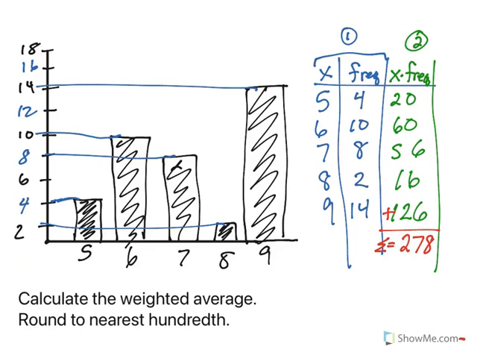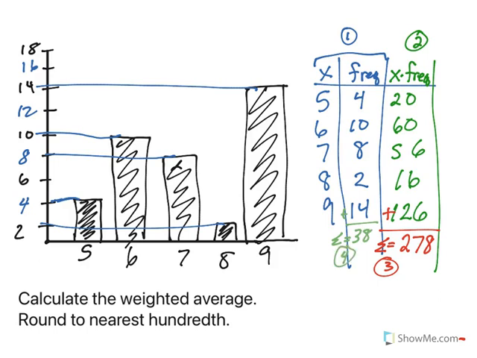Now, step 4, we want to add all of the frequencies. So 4 plus 10 plus 8 plus 2 plus 14 is 38.